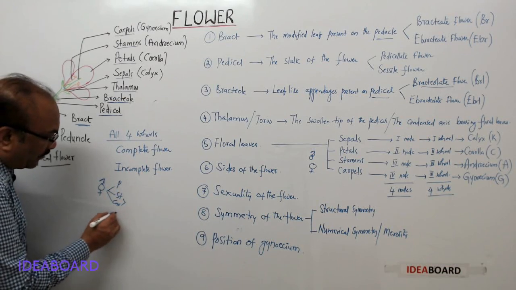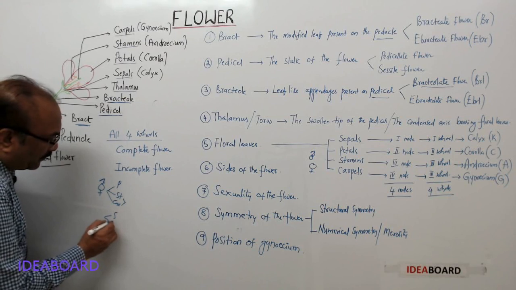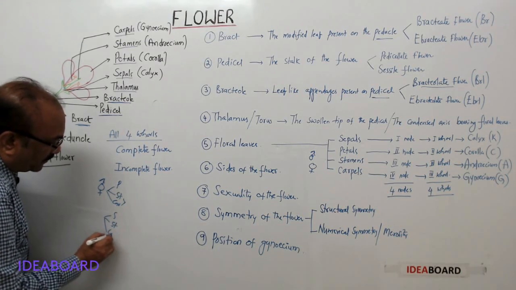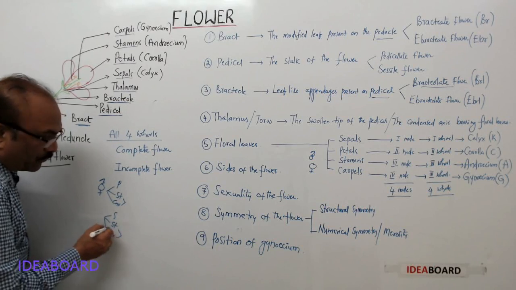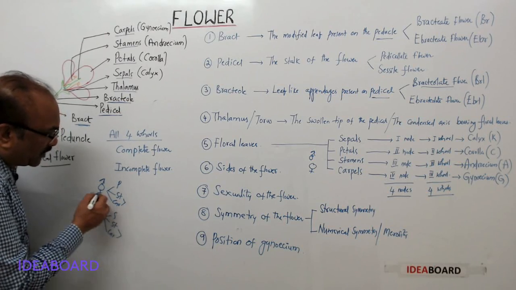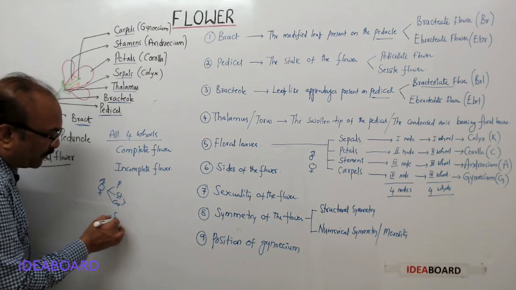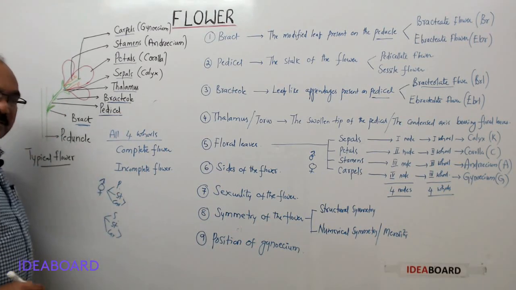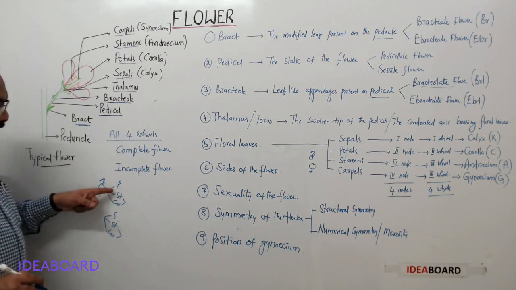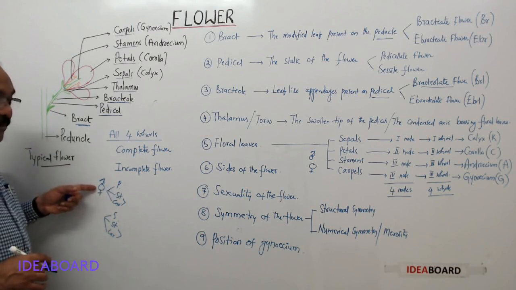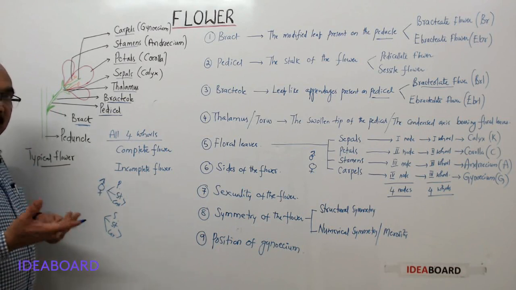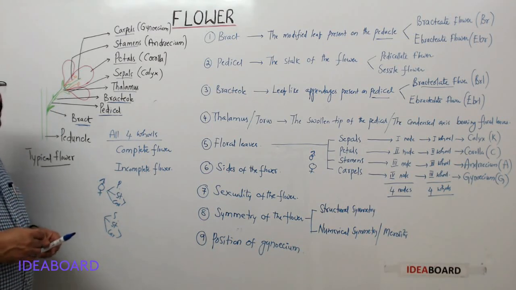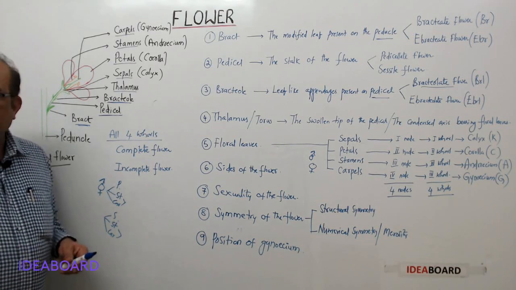And suppose a flower is having sepals, stamens, carpels. So both sexes are there, so bisexual flower, but petals are missing here. So that's why a bisexual flower can be a complete flower, or it can even be an incomplete flower.